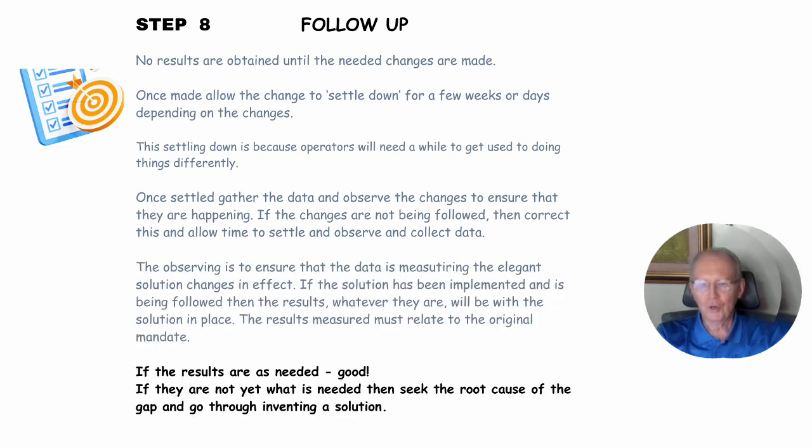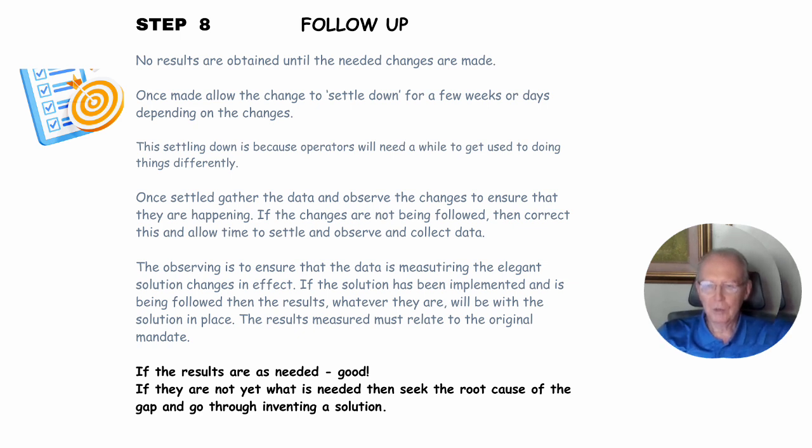If the results are meeting your goals and targets, in other words, they're the results that you needed, that's really, really good, right? If they are not yet what's needed, then you might have to look for the root cause of the gap and go through inventing a solution again. So again, everything is factually based.